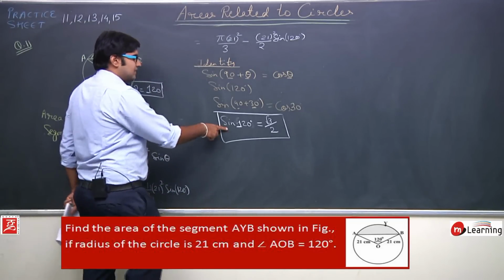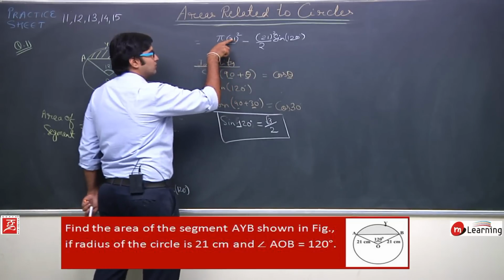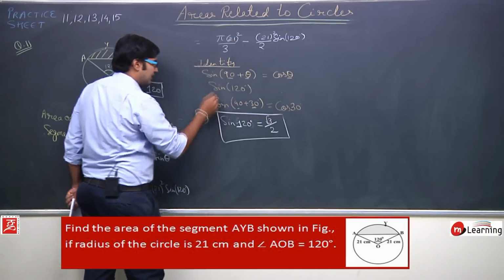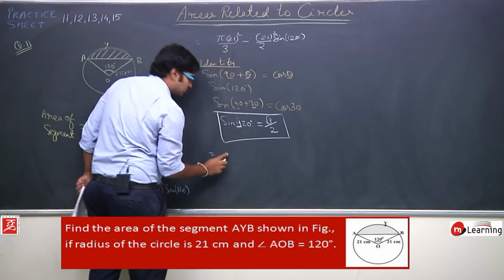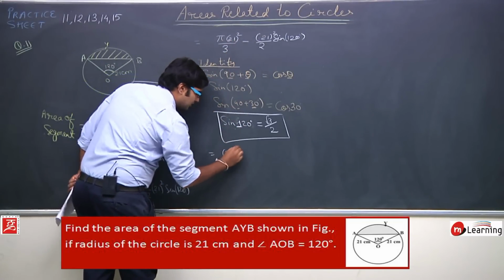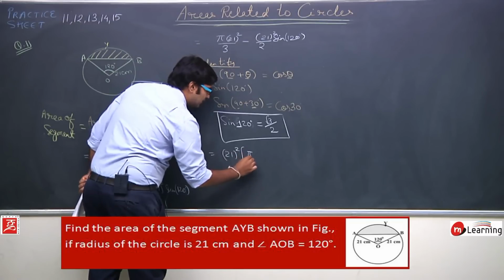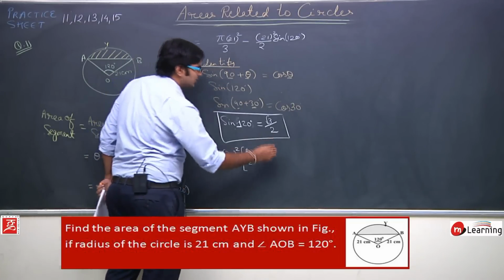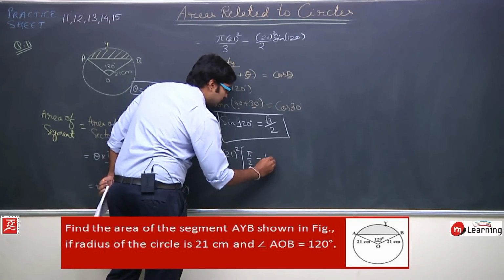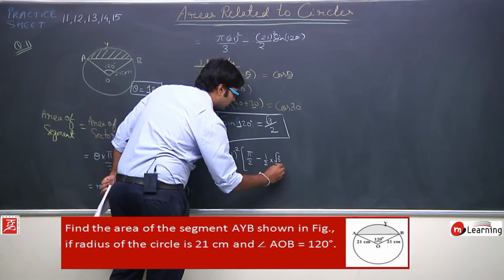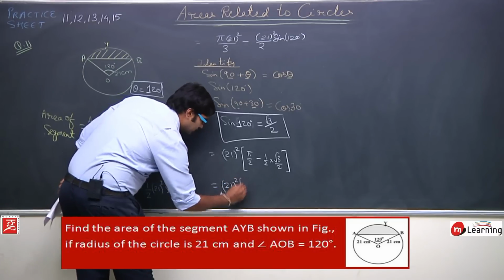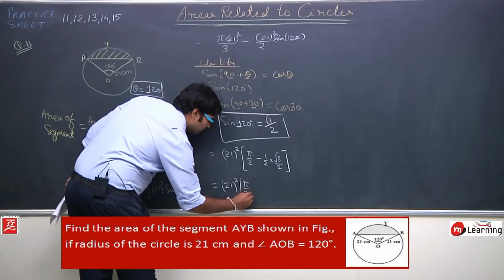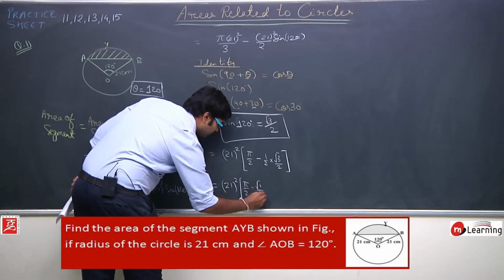Now, we have sine of 120, we have values of this area of sector. So, now I can substitute this value. Now, I can take 21 square as common. I will be left with pi by 2 minus 1 upon 2 into root 3 upon 2, and this will give you 21 square times the bracket pi by 2 minus root 3 upon 4.